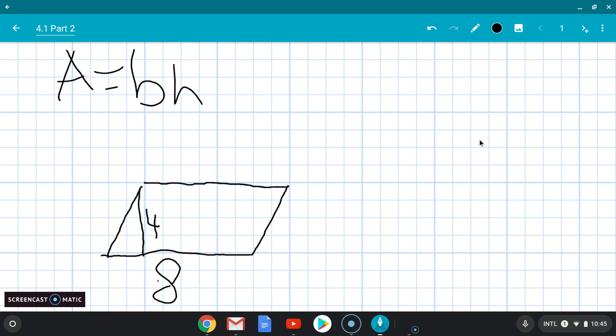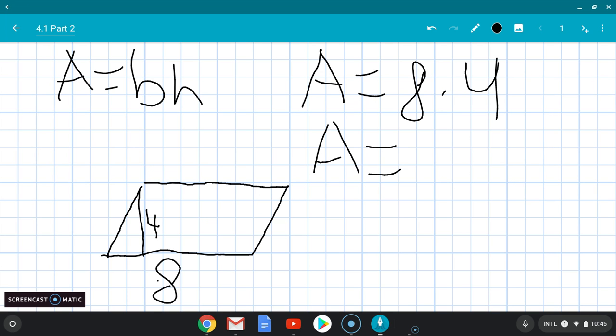Now, we're not told if this is 4 inches, 4 feet, or 4 meters. As normal, we'll just plug in our numbers for base and height. So area equals 8 times 4. You should all be able to do 8 times 4 in your head, right? It is 32.